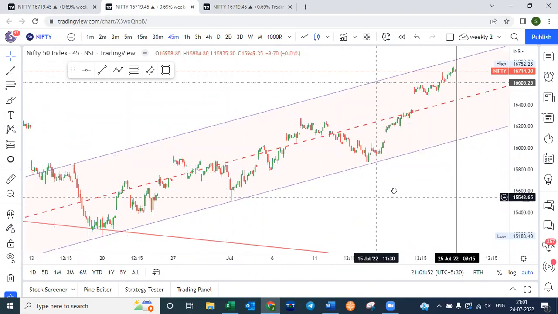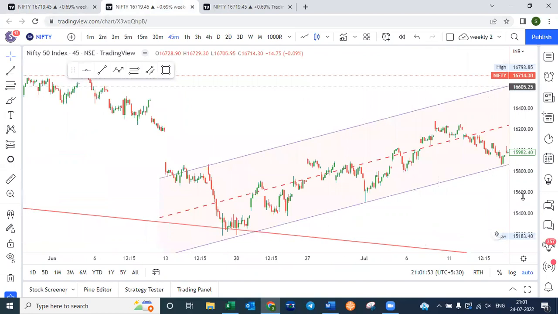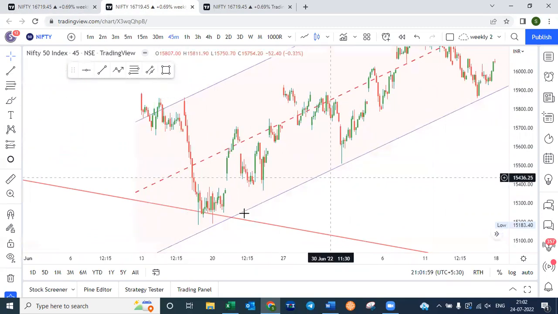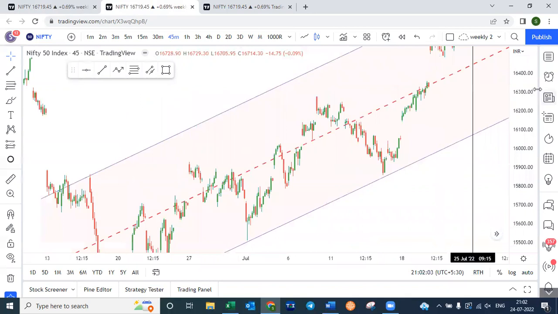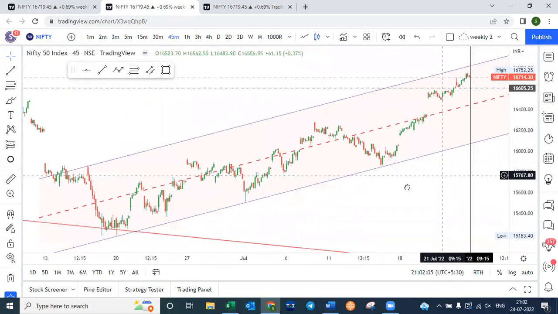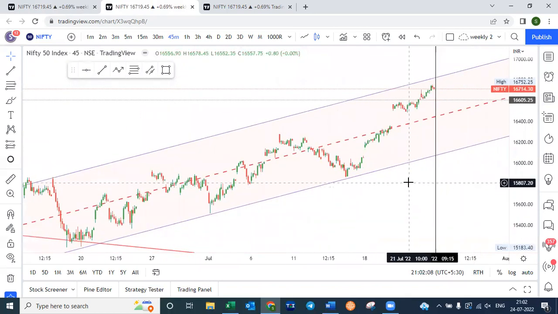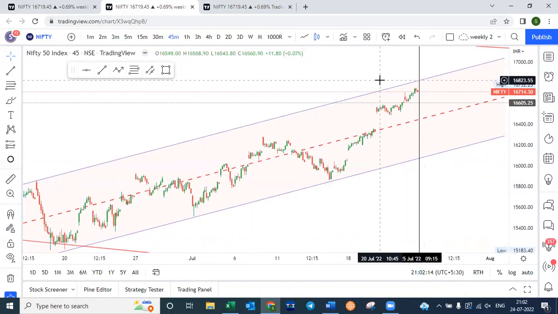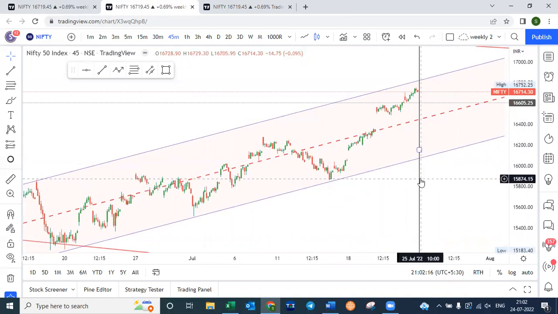I'll make it a little bit bigger for you to see. Here it is: resistance, resistance, resistance, resistance. And here it is support, support, support, a 3-point support. If you take this particular channel and try to find what my resistance point can be on 20th July, I come to 20th July 9:15.